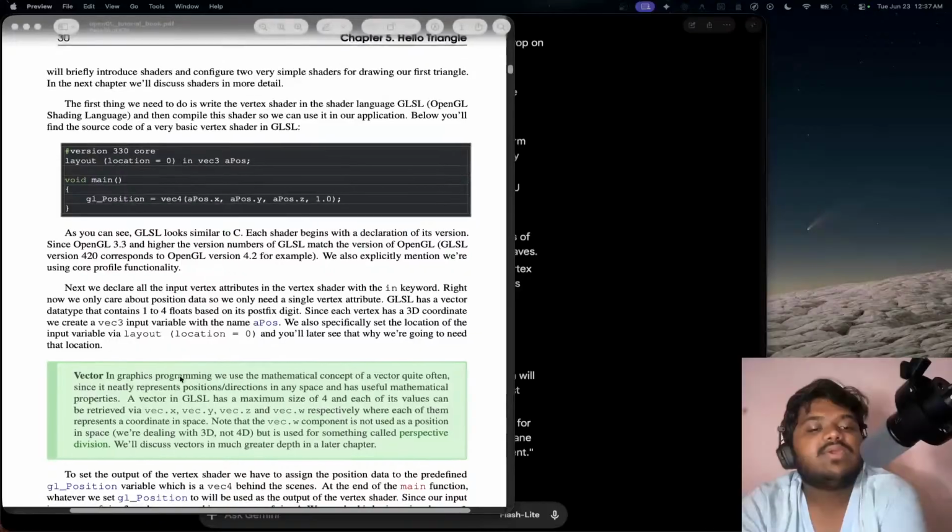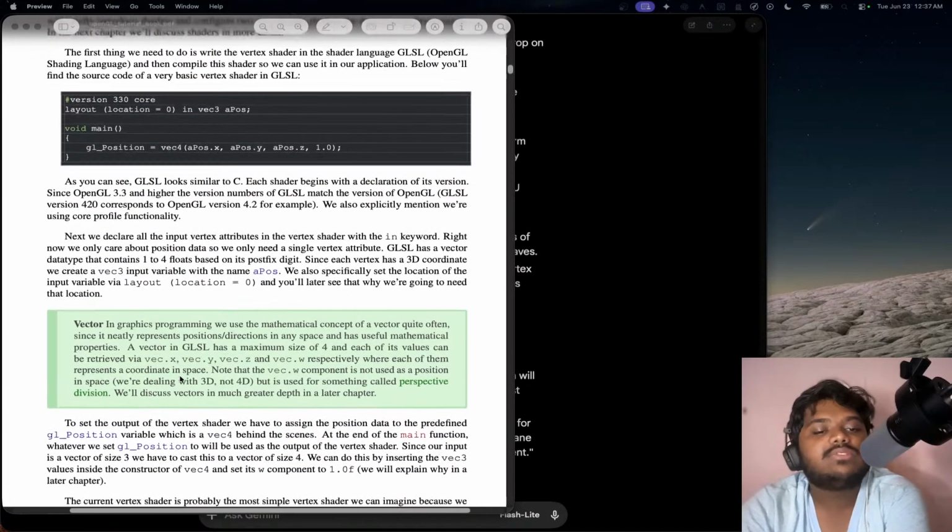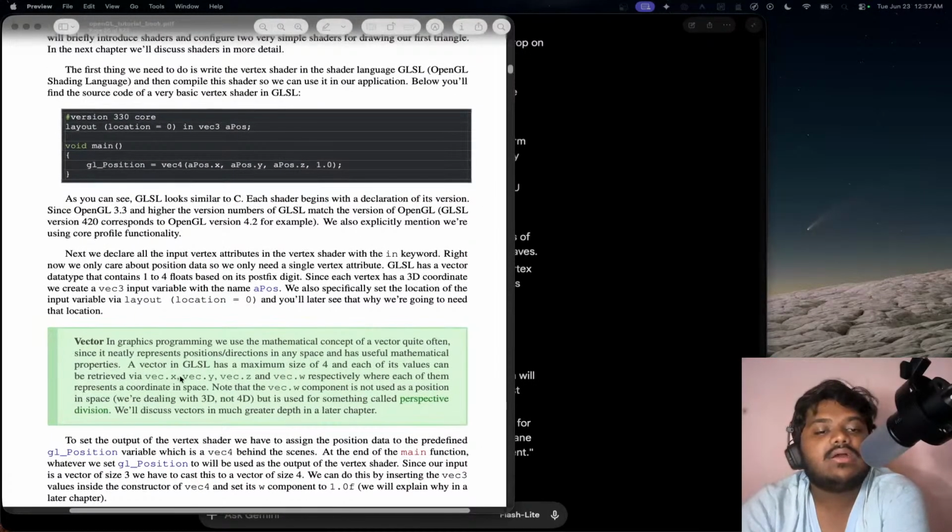Next, we declare all the input vertex attributes in the vertex shader with the in keyword. Right now we only care about the position data, so we only need a single vertex attribute. GLSL has a vector data type that contains one to four floats based on its postfix digit.